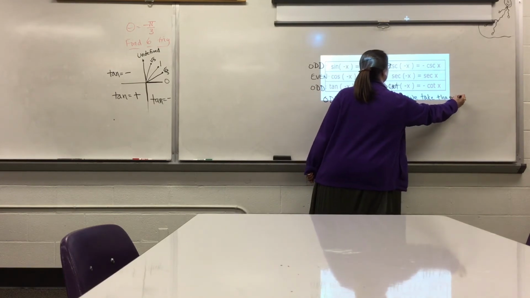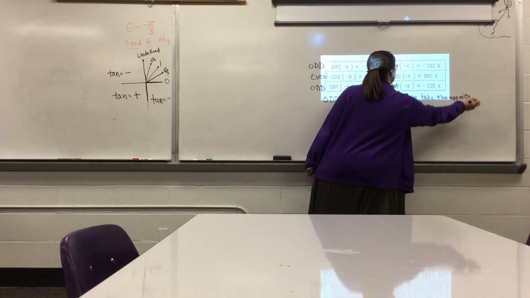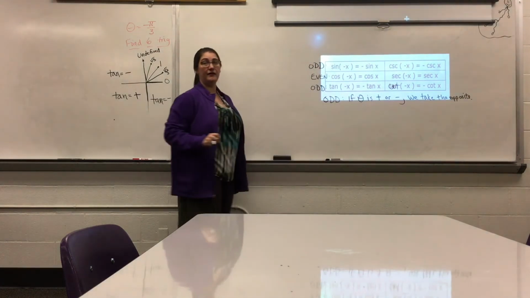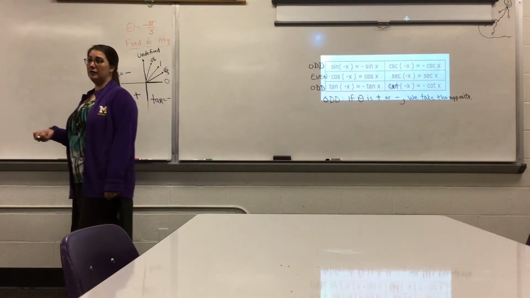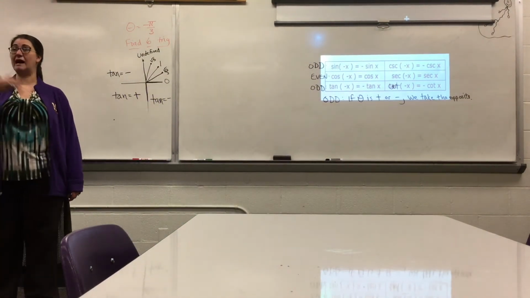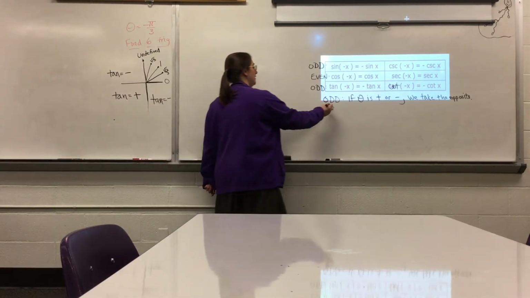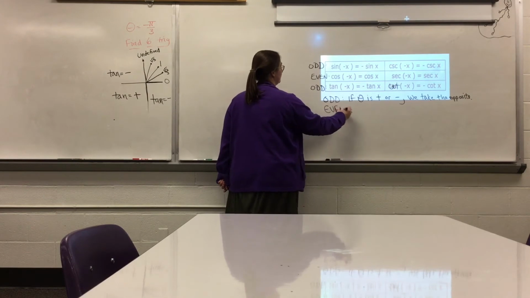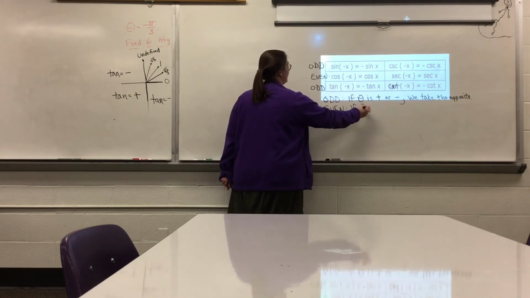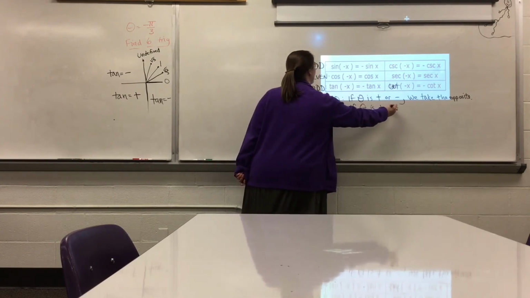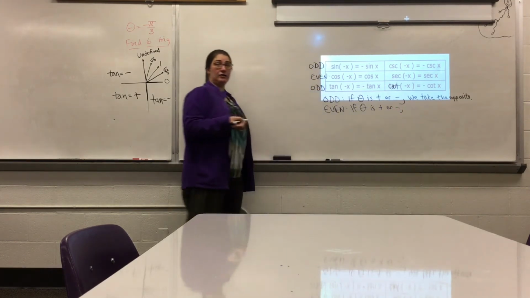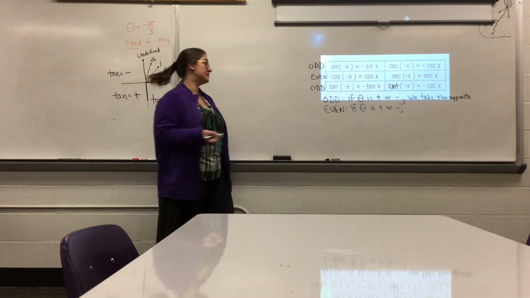So if the answer is negative 1/3, then the odd function's answer would be positive 1/3. So it's always the opposite of what the answer shows up to be. If it is even, then if theta is positive or negative, it doesn't matter, the answer will always stay the same.